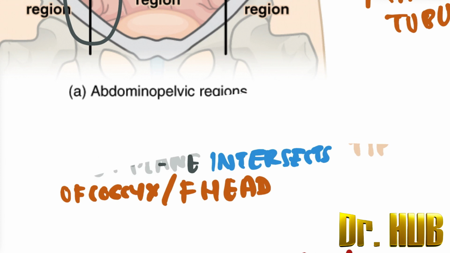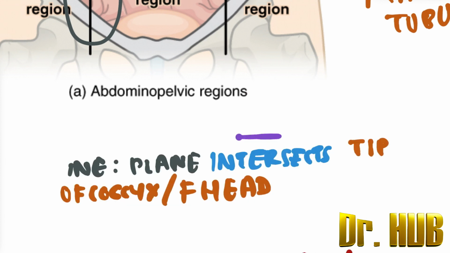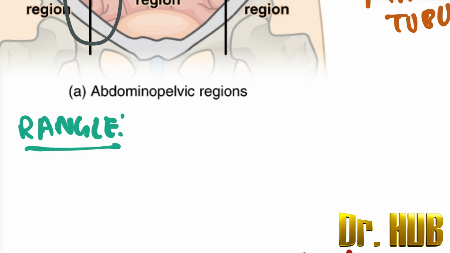Next we look at the renal angle. So what is special about the renal angle? We are writing it as R angle, R for the renal.